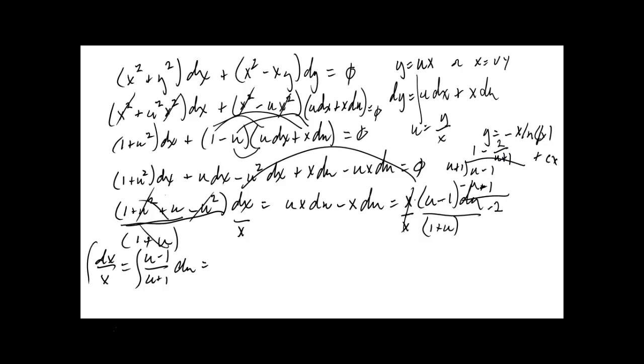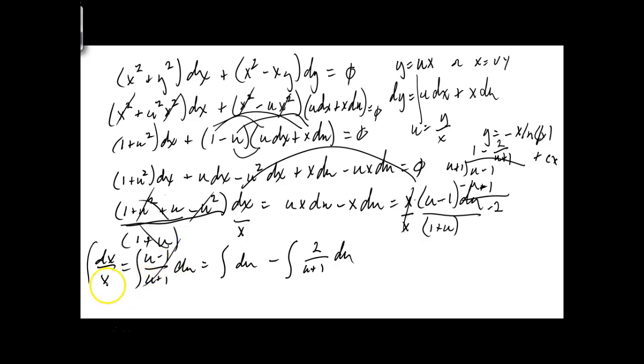Okay. So now that's a little bit better. That's going to be the integral of du, that's the one part, minus the integral of 2 over u plus 1 du. Yeah, we can do these. Can't we? We'll just take that one out.